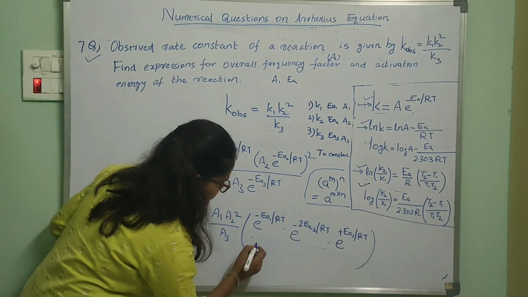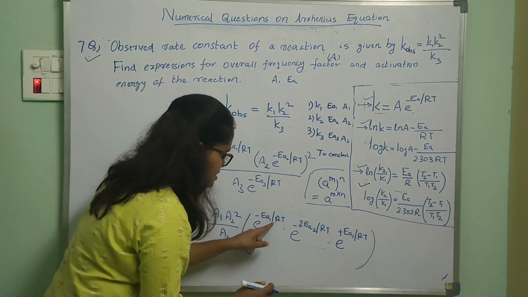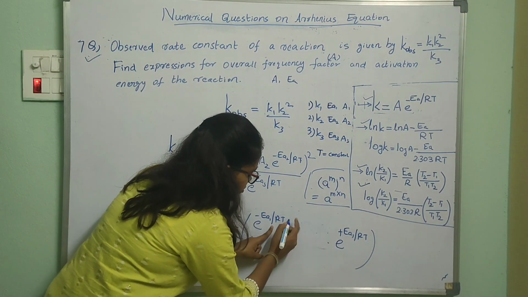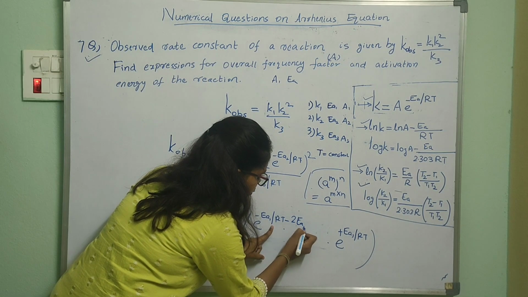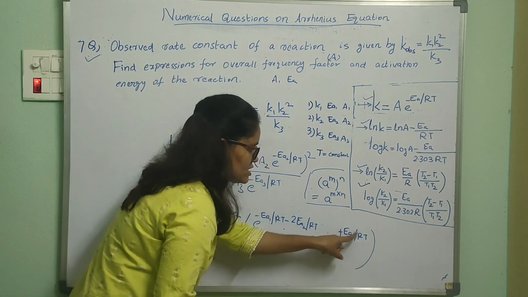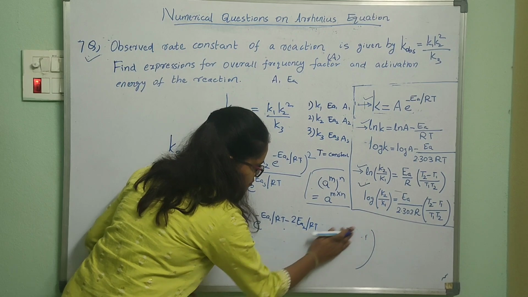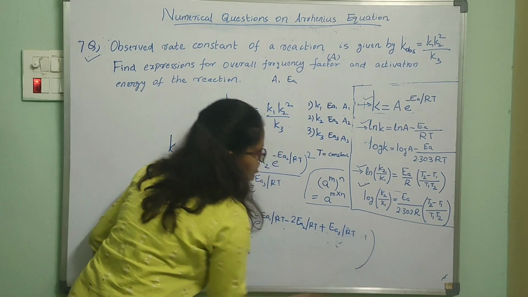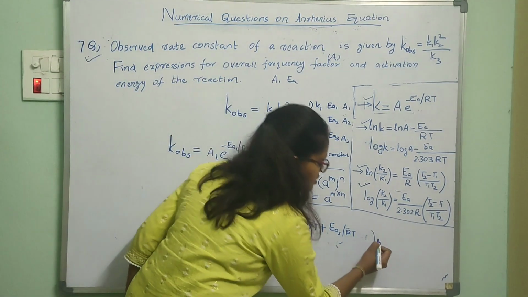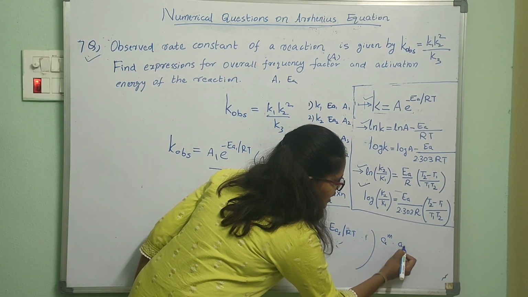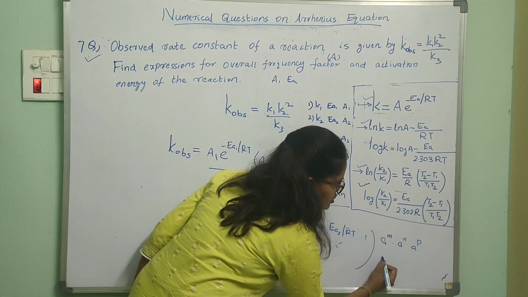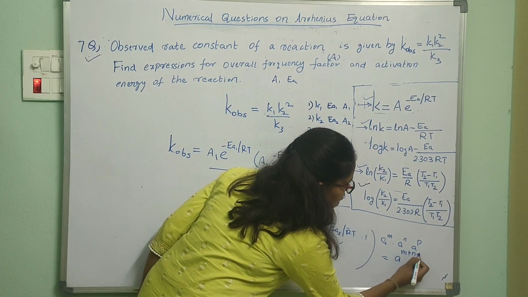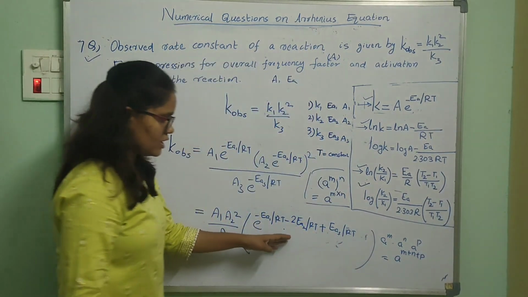I will get e power minus EA1 over RT plus minus 2EA2 over RT plus EA3 over RT. I have just added their powers: a power m, a power n, a power p became a power m plus n plus p.